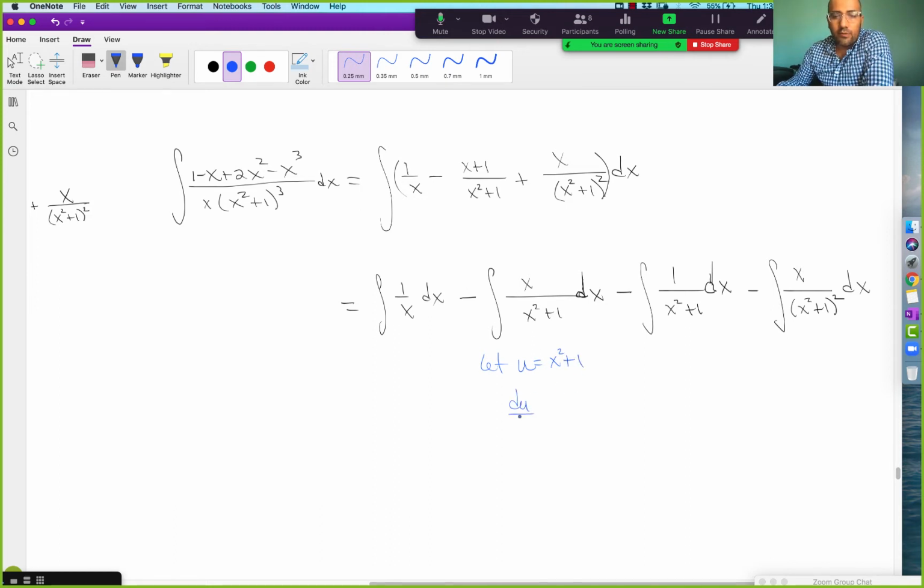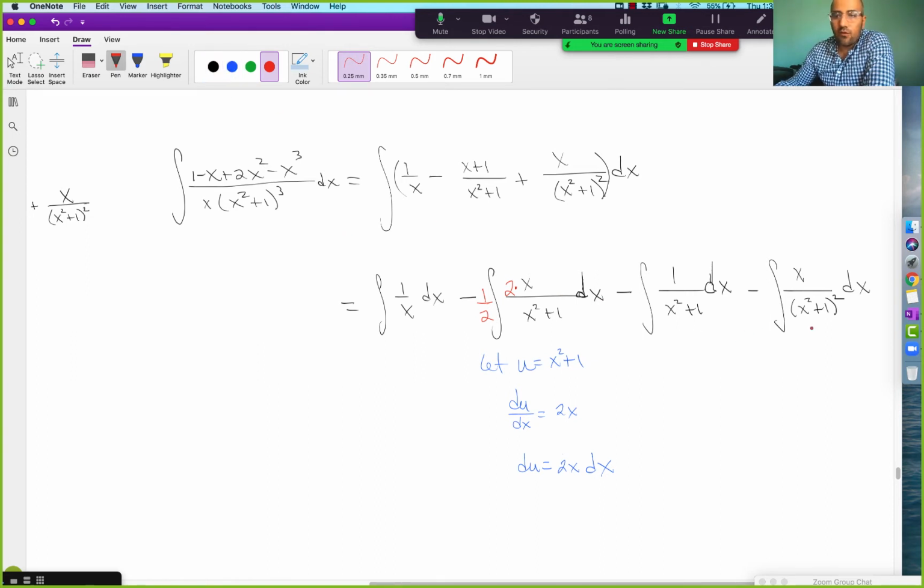Then du dx is equal to 2x. So that means that du equals 2x dx. Good. So I'm missing a 2. I'm going to pop it in here. Put in a 2 right there. And then balance it out with a 1/2. And that way I have my du.